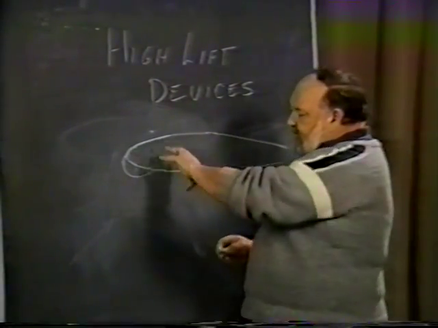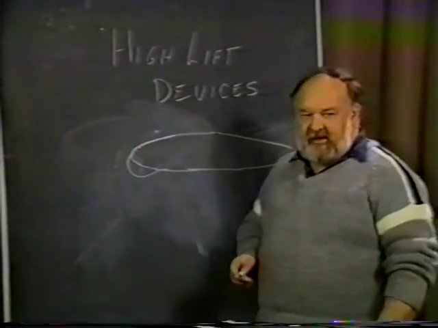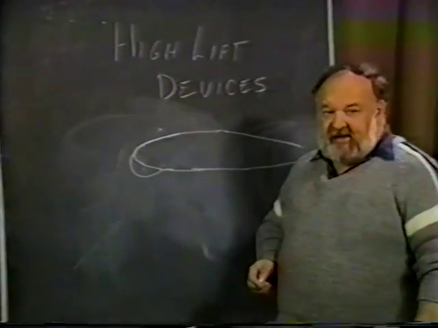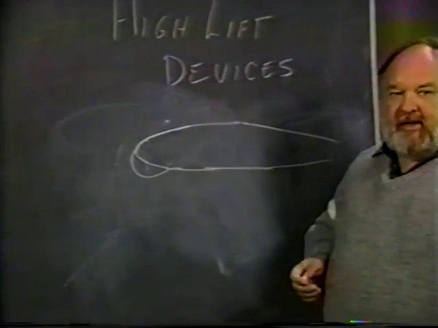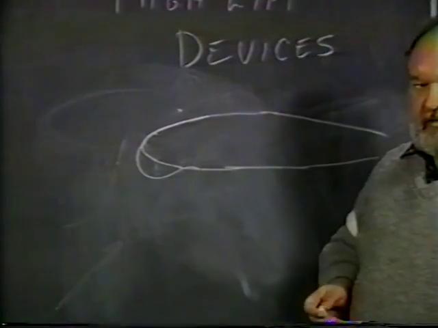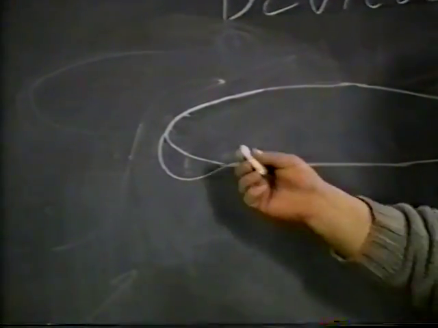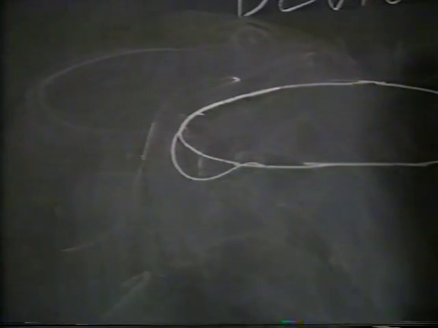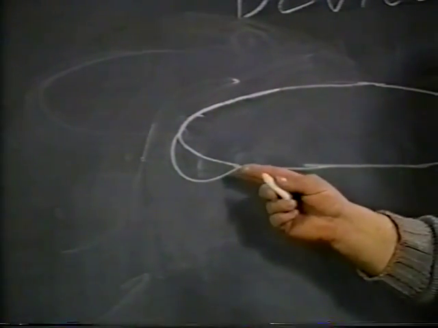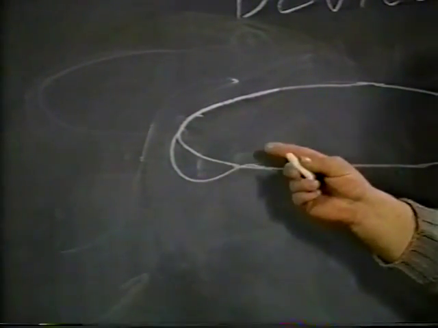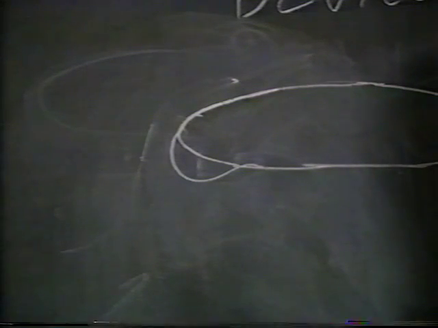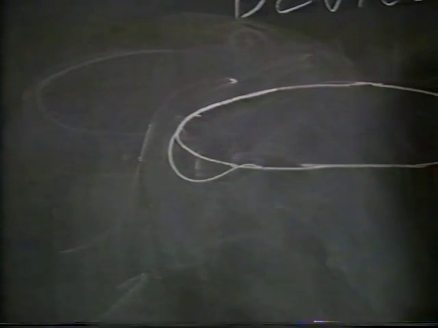Now what this does is put a very, very large leading edge radius onto that airfoil. It's smooth and can produce a significant increase in the CL of the wing by having a very large leading edge radius like this. And of course, if it's adjustable so that you can collapse it back down to the original profile, then you have no penalty at high speeds whatsoever.